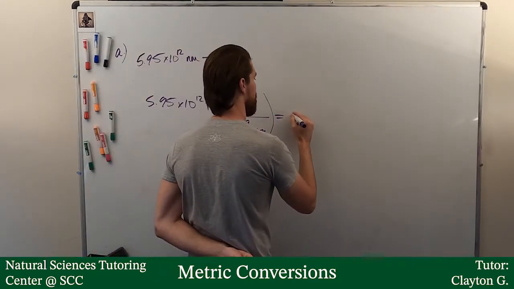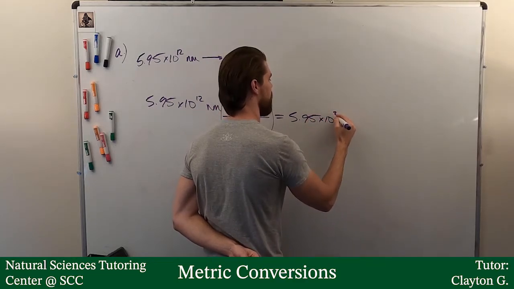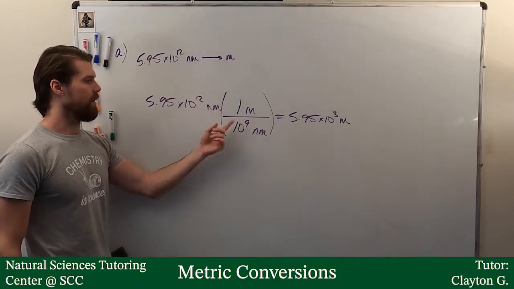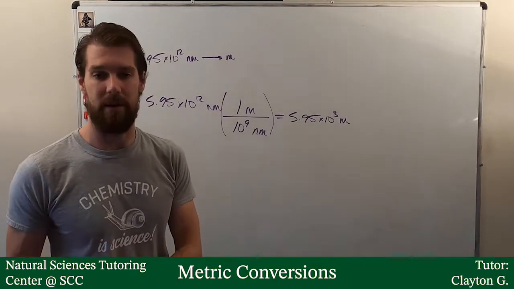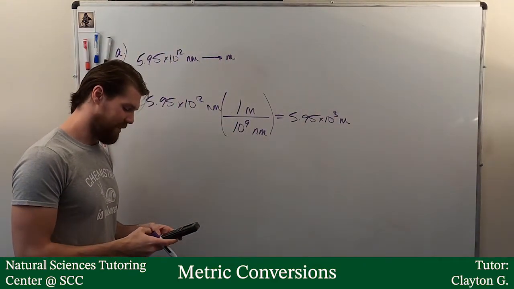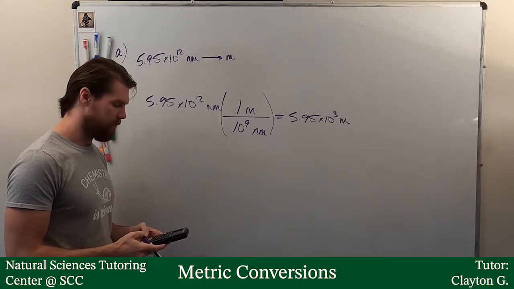So this should be 5.95 times 10 to the 3rd meters when I'm done. 12 minus 9 gives me 3 over here. Now I'm going to throw this in my calculator, but it is an important skill to be able to do that.